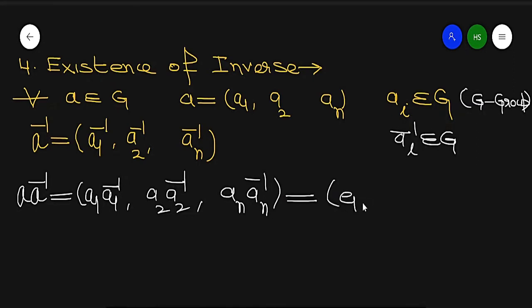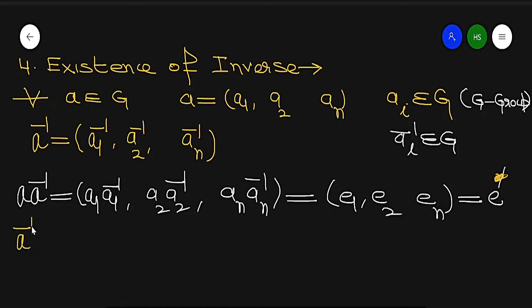It is the identity (e1, e2, ..., en). So this is the identity of G. I write it as e, so it is the identity, not e dash. So it is e, which is equal to (e1, e2, ..., en).